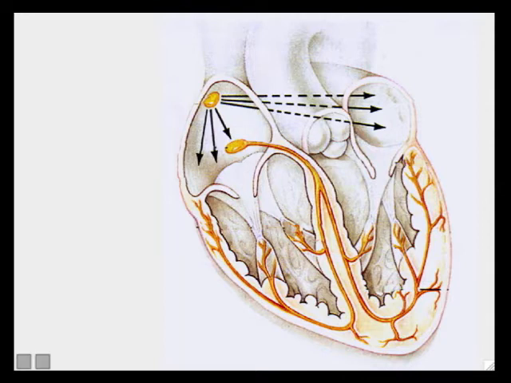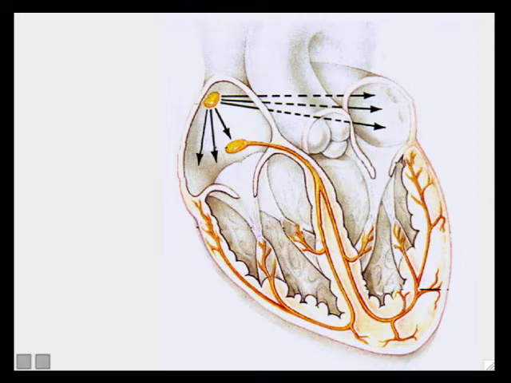And so in that way the AV node keeps the ventricles beating at the same rate as the SA node is making the atria contract and relax. In that sense, the SA node is the pacemaker for the entire heart, in the same sense that the drummer sets the pace for the entire band.